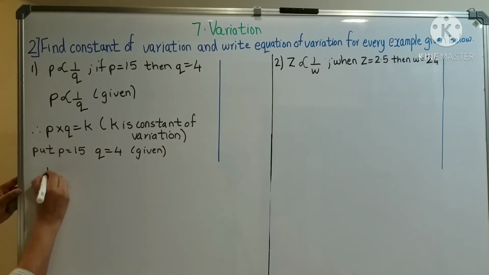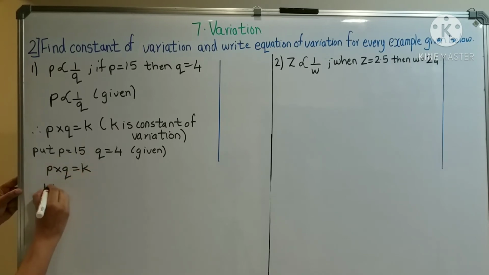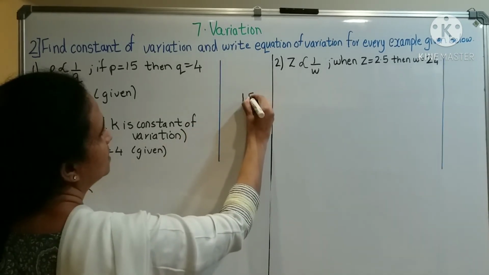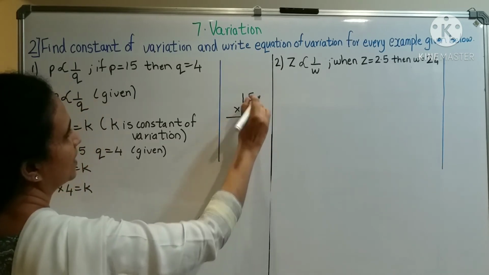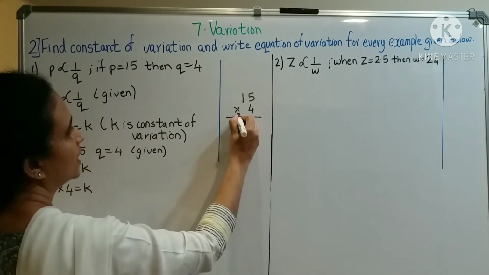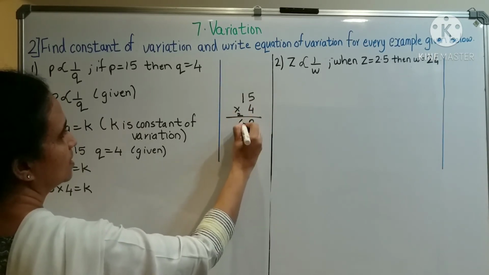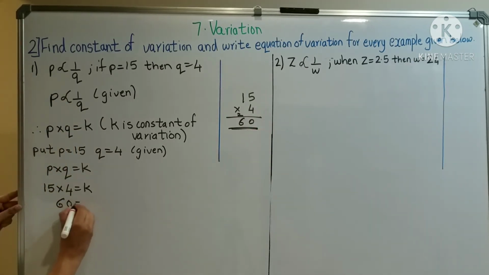So, P into Q is equal to K, that is 15 into 4 is equal to K. We'll multiply these two numbers. 4 into 5, 20. 4 ones are 4 plus this 2 is 6. So the answer is 60. 60 is equal to K. Therefore, K is equal to 60.